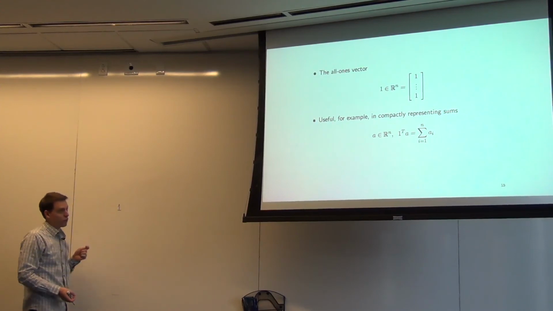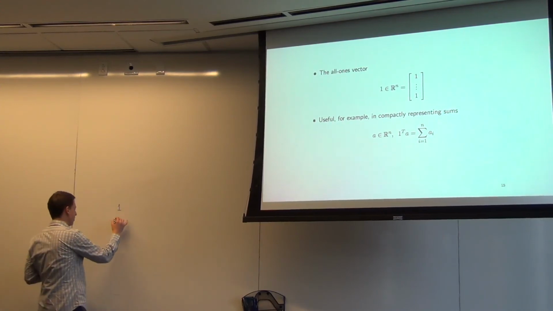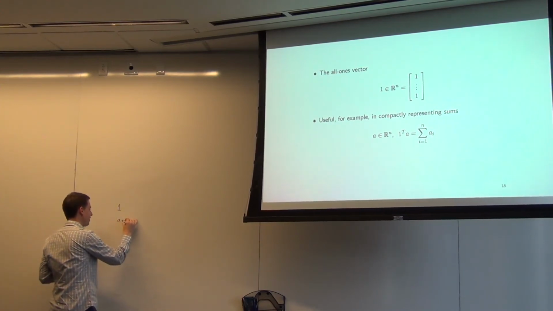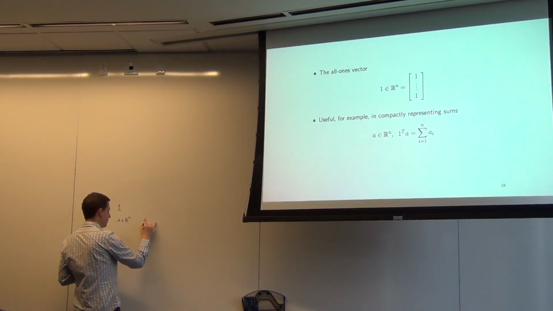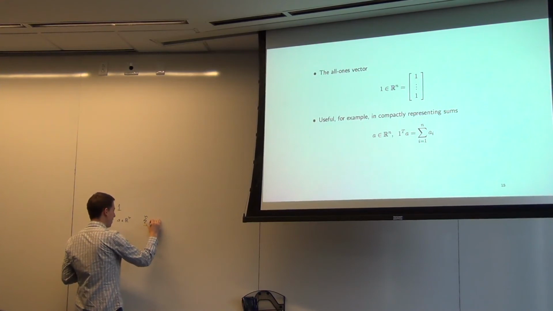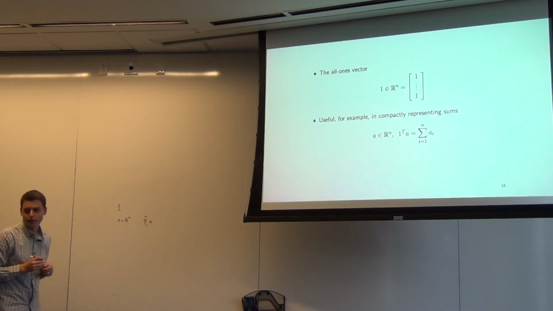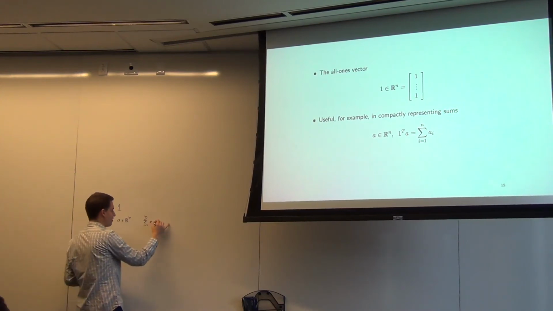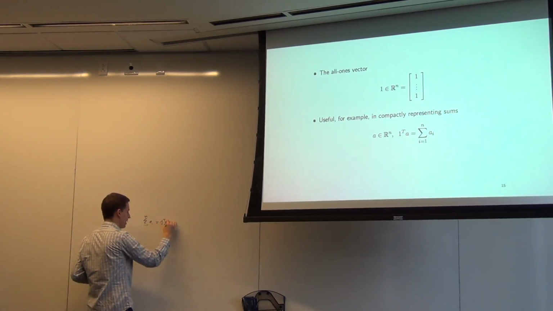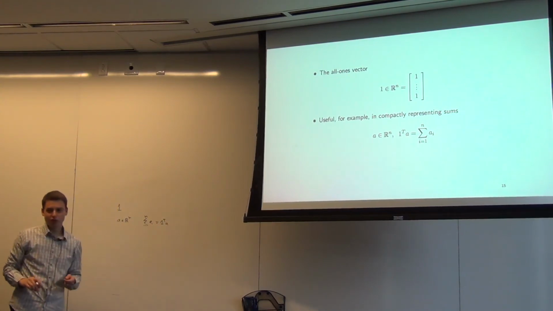This is very useful, for example, if you want to take a vector A in R^n and easily write an expression like the sum from i equals 1 to n of a_i. This is just the inner product of A and the all ones vector, so you can write this as 1 transpose A. Fewer lines to scribble, right?